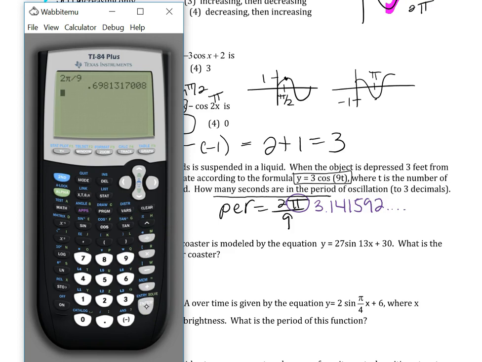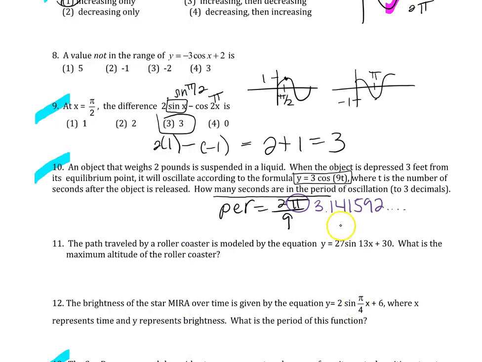Okay, so to 3 decimals it is 0.698. And that would be seconds, because it was talking about oscillating in terms of seconds.